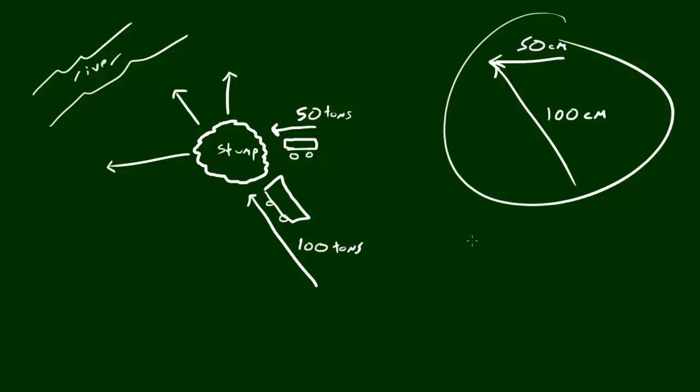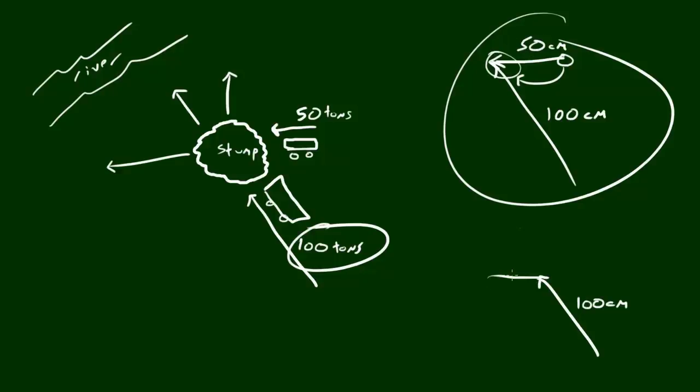Good. So the next step is to connect these head to tail. You see how both of these arrows' heads are touching? What we need to do is take the tail and move it over to the head of this arrow. So again, we have our original arrow that's 100 centimeters long, and this represents the force of the bigger truck. Now we take this other arrow and move its tail to the head of the other one.